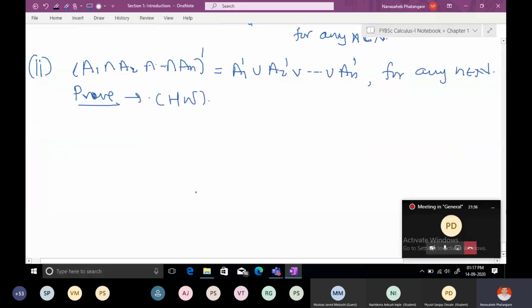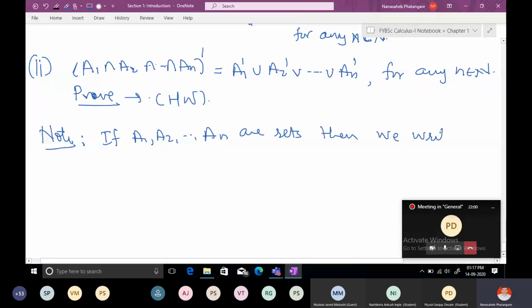So let me note something here. If A1, A2, up to An are sets, then we write the union A1 union up to An. So we want to take the union of all these sets, and in short I can write it as the union of Ak, k is from 1 to n.